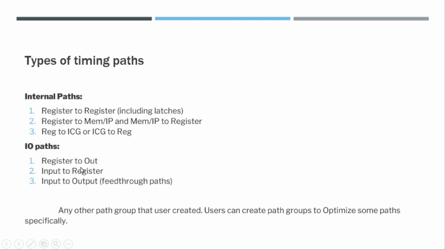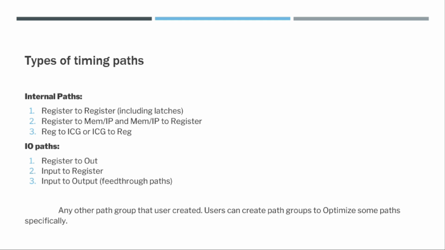And there is also a possibility where your signal can go through your block completely. Both start point and end point will be ports, where your input port will be your start point and the output port will be your end point. It will also be called feed through paths. Okay, also user defined path groups can be there. That is not our focus here.